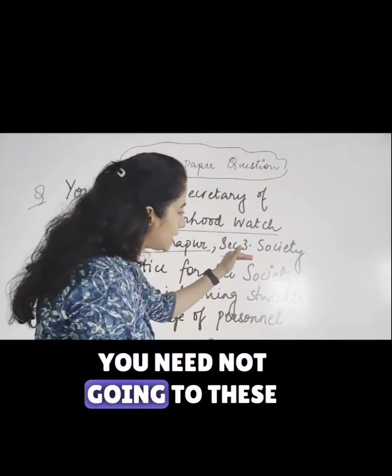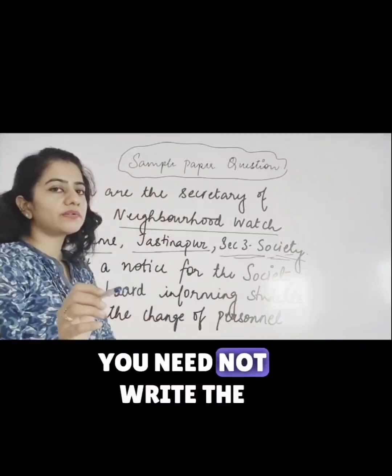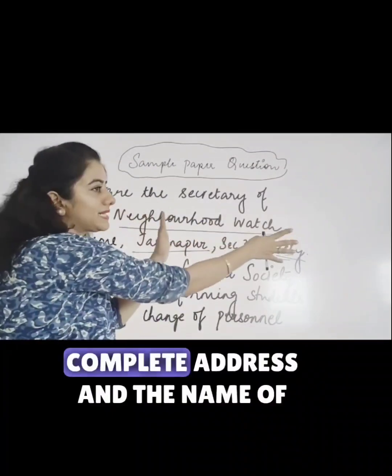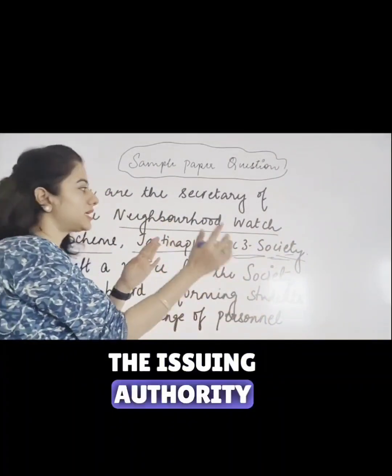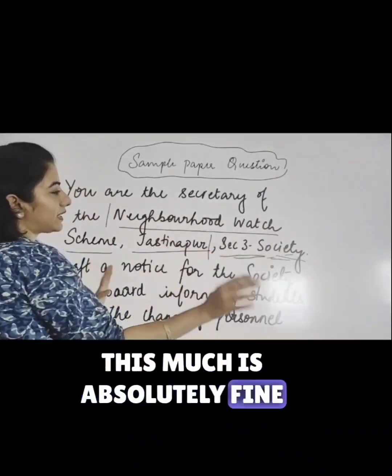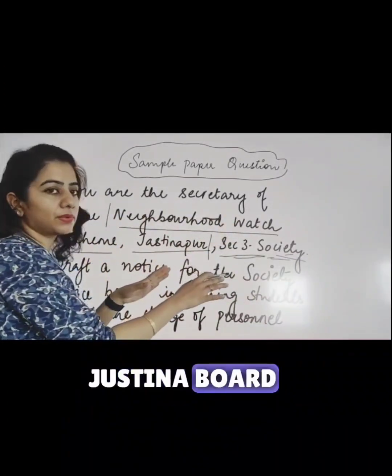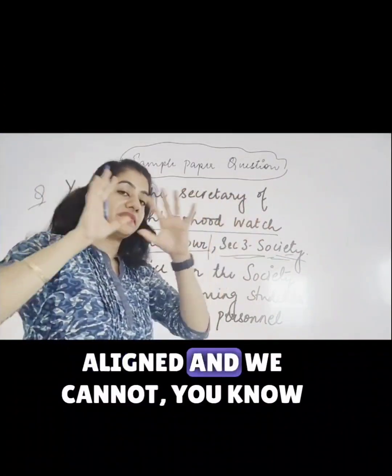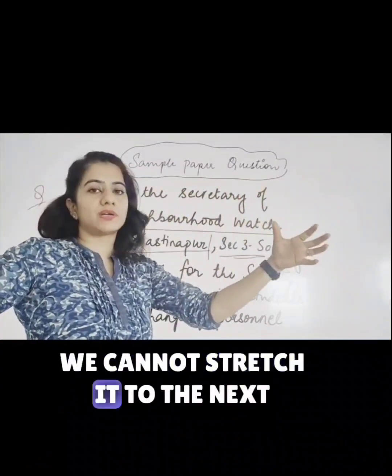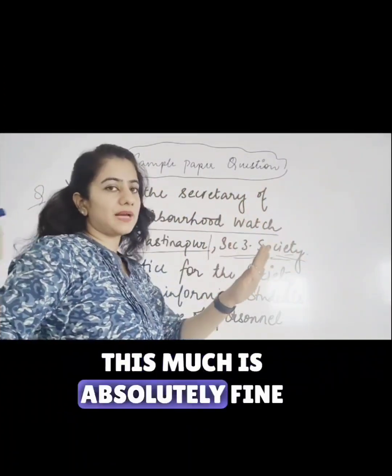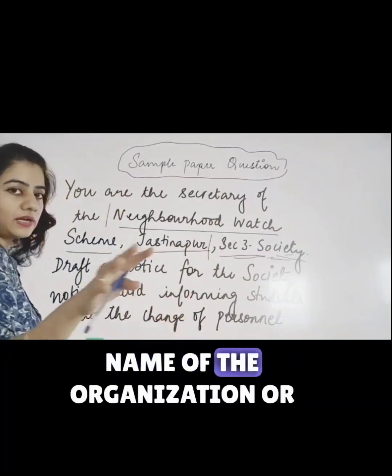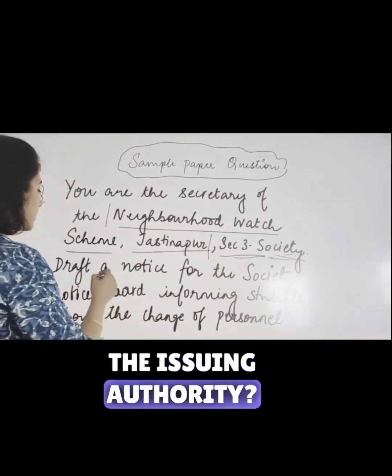You need not go into these many details. You need not write the complete address and the name of the issuing authority. This much is absolutely fine. Neighborhood Watch Scheme, Justinapur, because it has to be centrally aligned, and we cannot stretch it to the next line. So this is the name of the organization or the issuing authority.